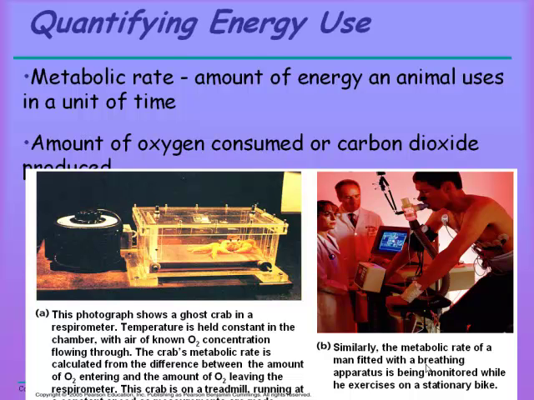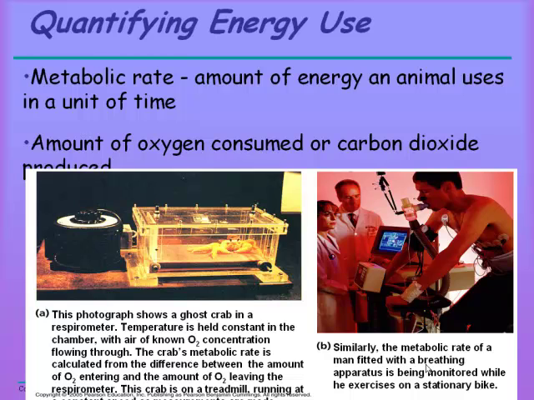Quantifying energy use: metabolic rate. Okay, we all have metabolic rates, the amount of energy an animal uses in a unit of time. So it can be measured by the amount of oxygen taken in or consumed, or the carbon dioxide produced or expelled. So the photograph on the left shows a ghost crab hooked up, poor little thing, to a respirometer.